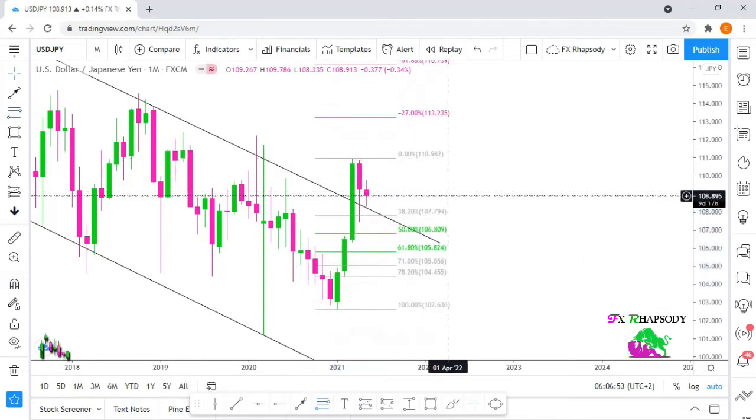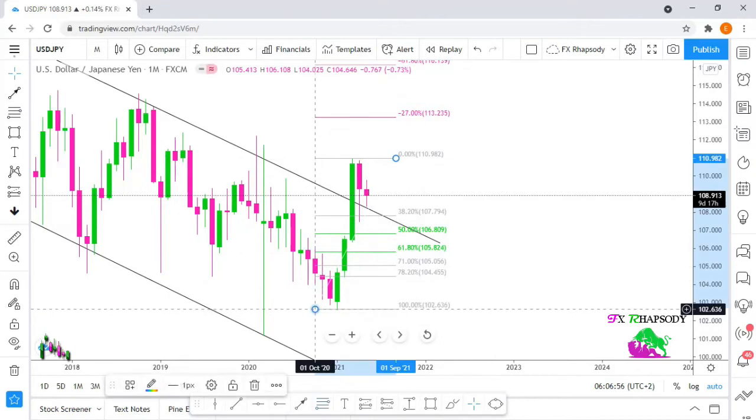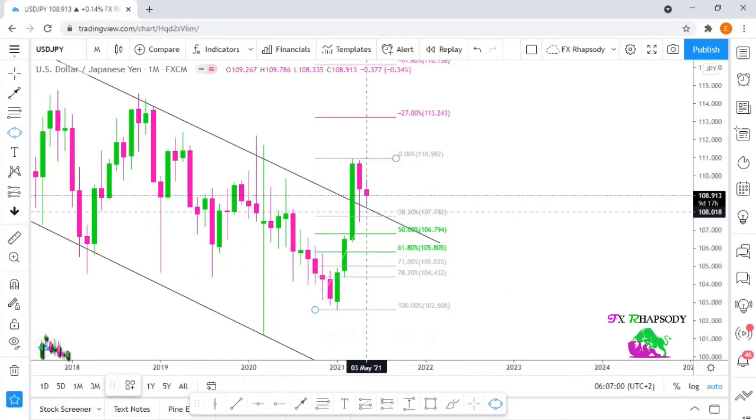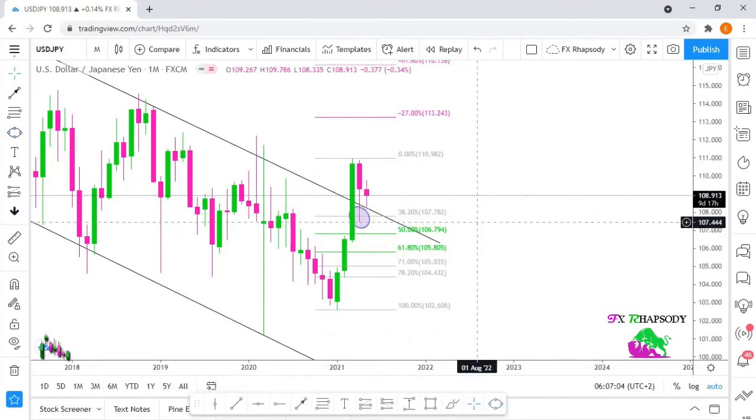and we can see, let me just draw a little bit better, in this area how it touched that 38.2%, which is a very strong retracement area in the Fibonacci.